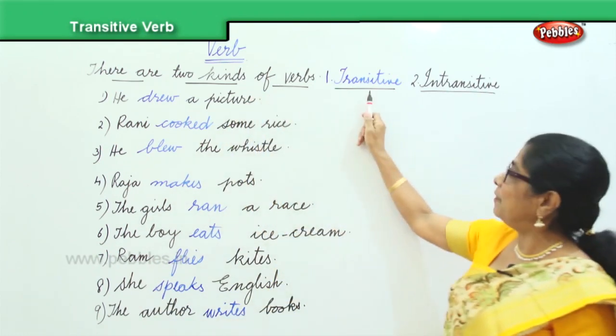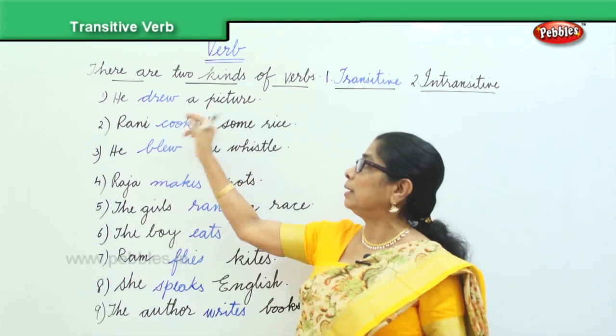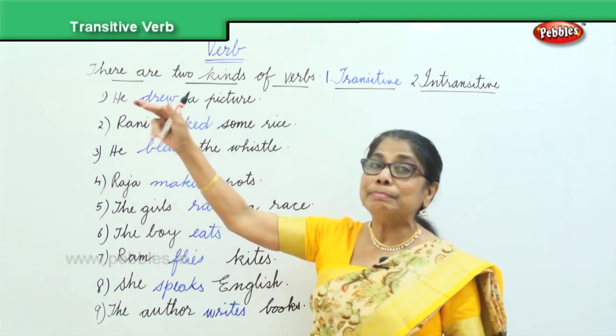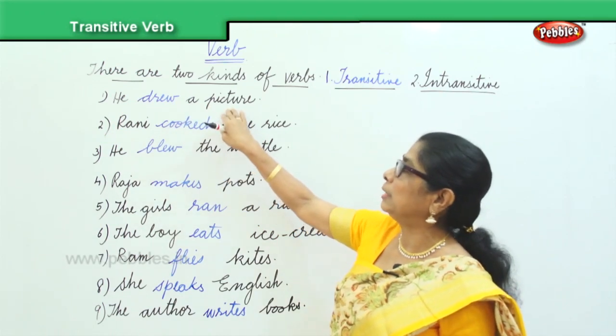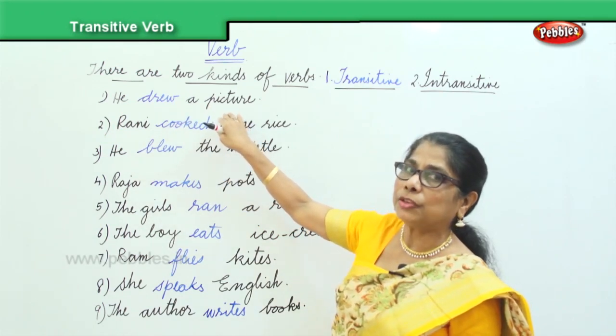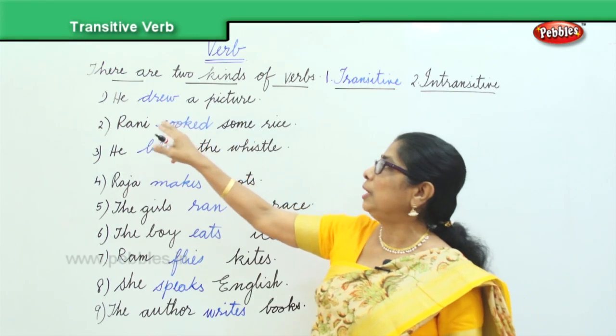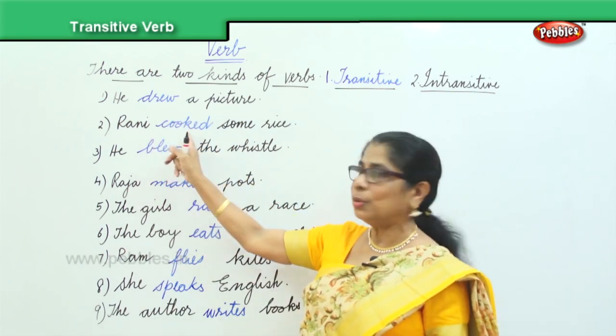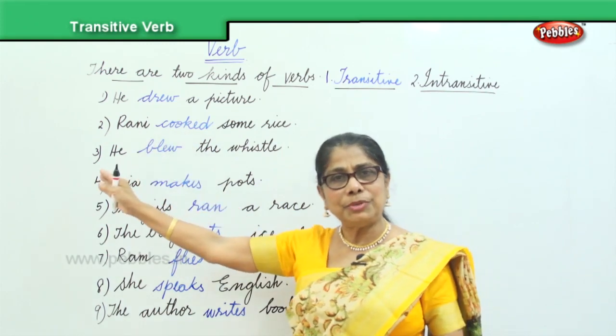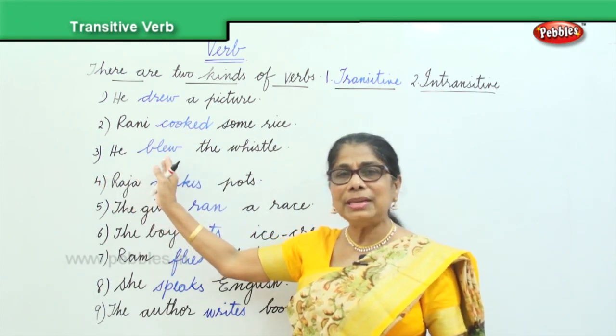For a transitive verb, he needs an object. So he drew. To complete the transitive verb, we have to have an object. The object is the picture. So he drew a picture. The second sentence, Rani cooked. Rani is the subject and she cooked.